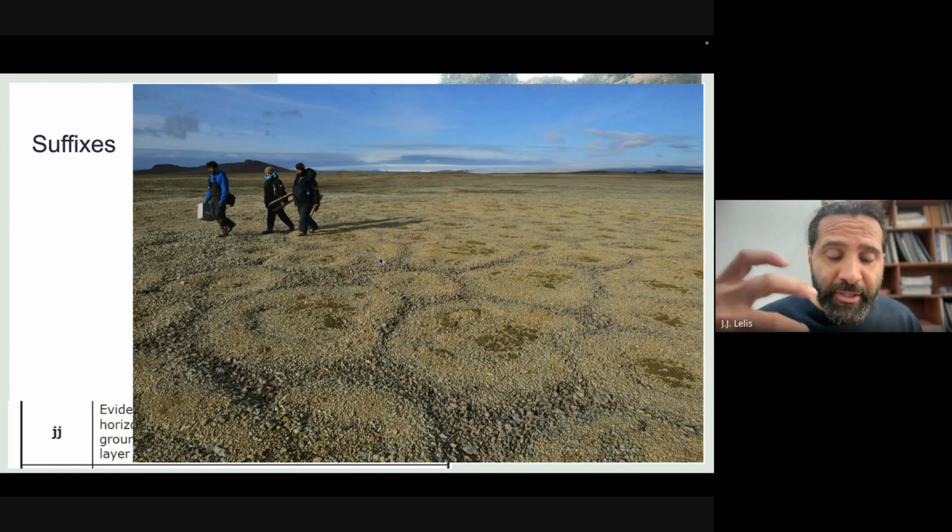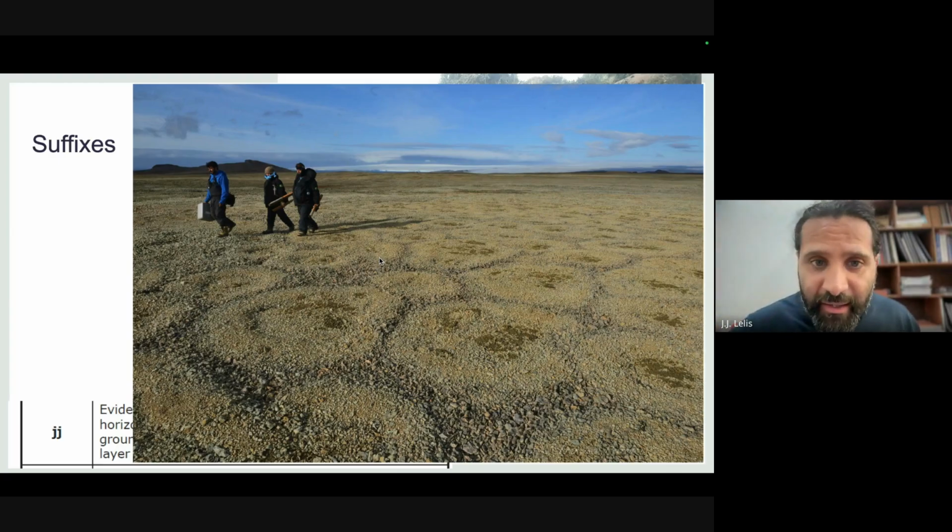Cryoturbation can be very easily explained when you think about the winter and summer in Antarctica or the Arctic, or areas that register a very high variation of temperature between summer and winter, but at least in the winter you register sub-zero temperatures.